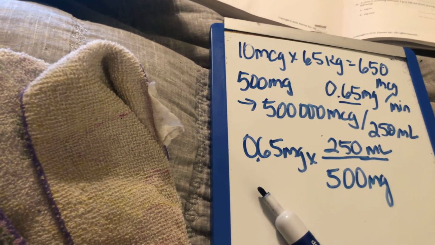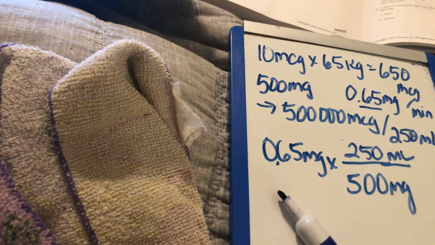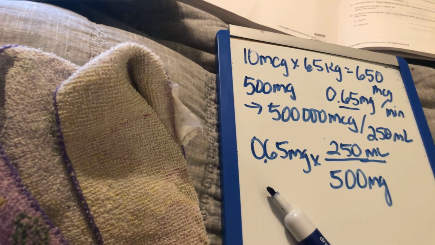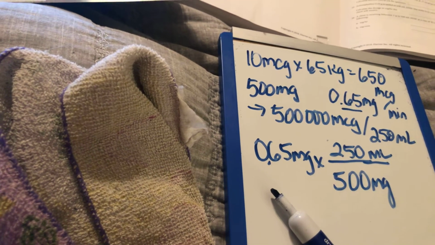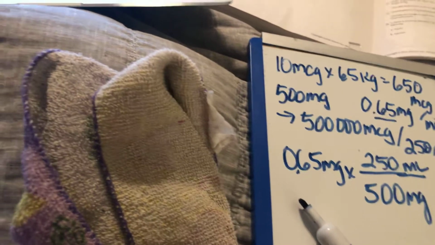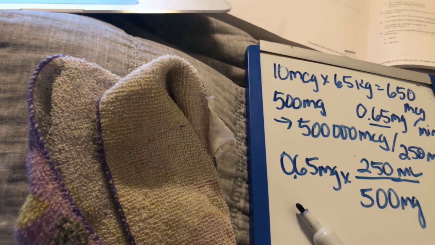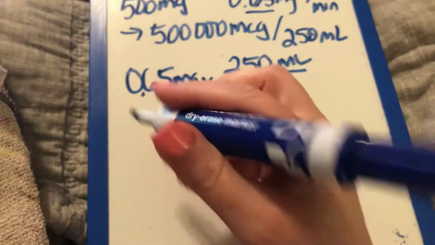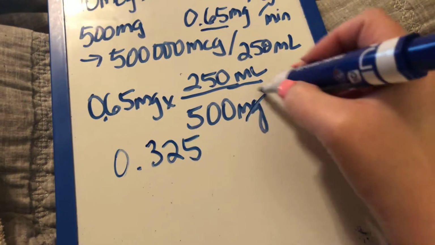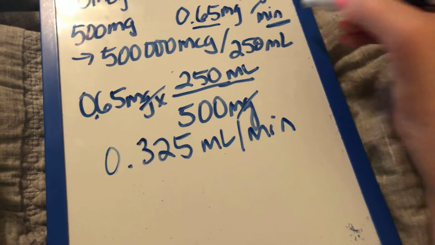So 0.65 times 250 is equal to 162.5 divided by, sorry, my calculator's messing up. And we get 0.325 milliliters, and this is per minute, because remember when we calculated it out it was per minute.